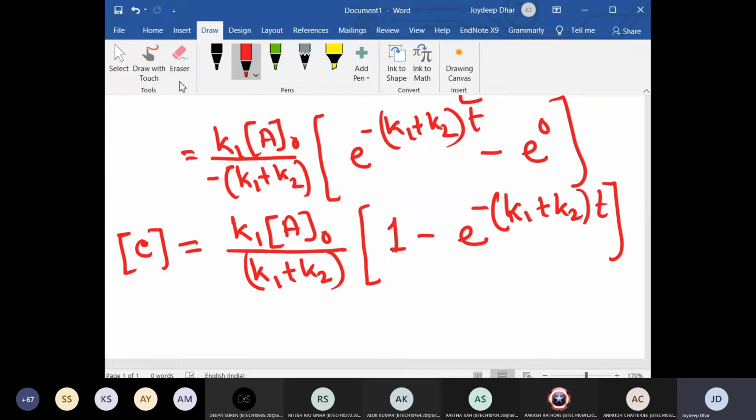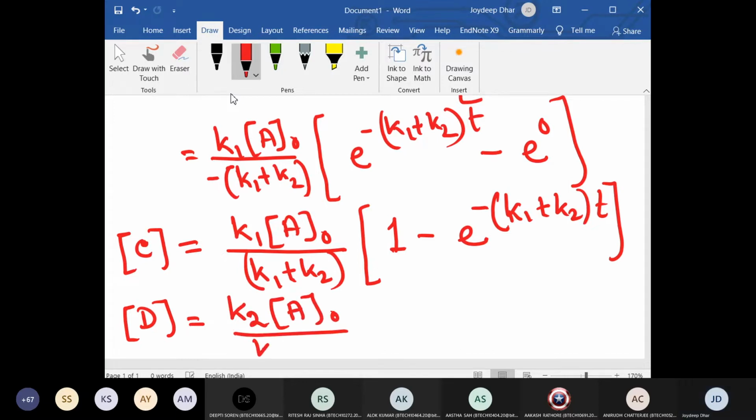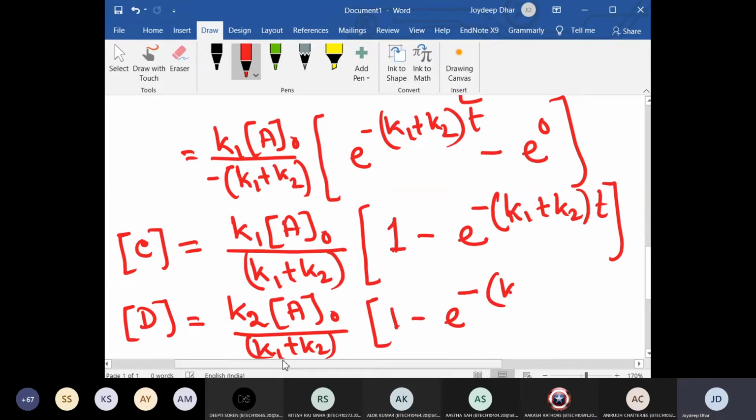So similarly, if I solve for D, where will be the difference? In place of K1, you will have K2. Other than that, all the terms are the same. This is a simple solution. Other terms will be the same. Okay.